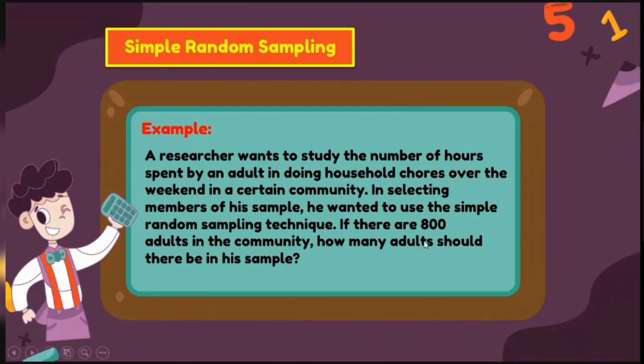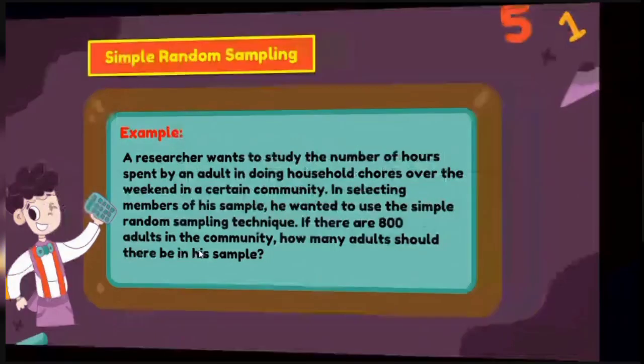Let's say you have 800, which is somehow too many, especially if you are conducting research. To make it feasible, you have to get a sample of this given population. The population in this problem is 800 and the sampling technique that we are going to use is simple random sampling.